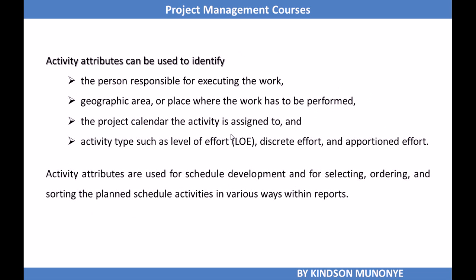Activity attributes are very important because they can be used to identify the person responsible to execute the work, the location or area where the work has to be performed, the project calendar the activity is assigned to, and the activity type, such as level of effort, discrete effort, and apportioned effort.